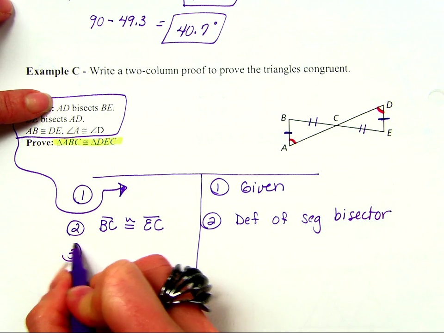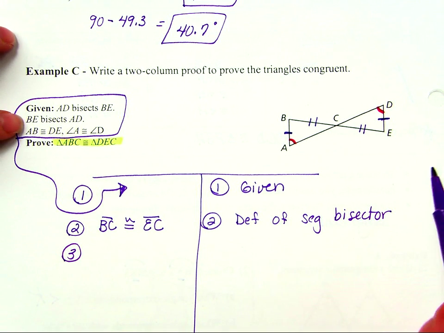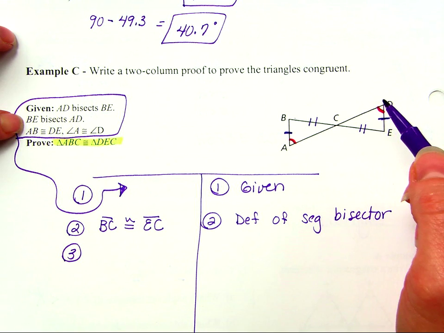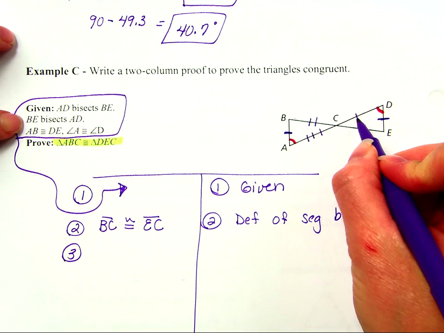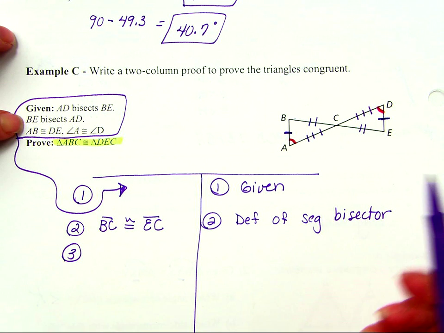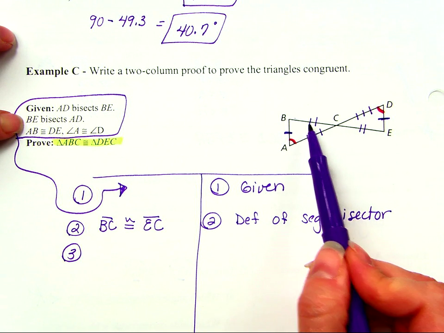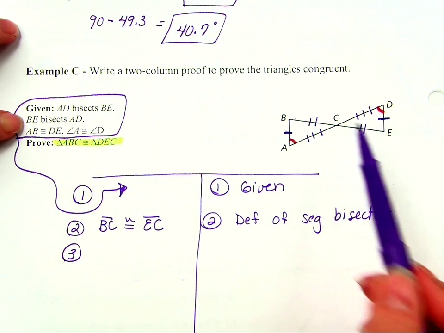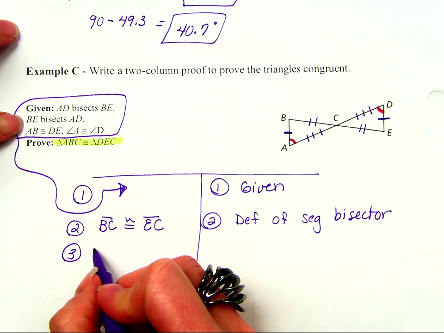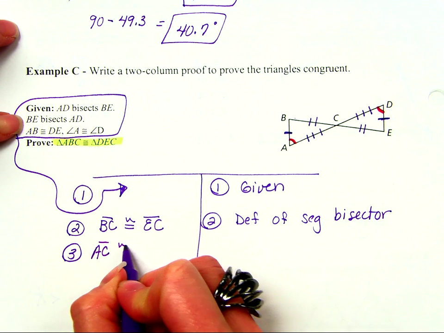In step number 3, it states that BE is bisecting segment AD. So both of those segments are being bisected. In this case, I'm going to mark it as so. I use 3 tick marks because it doesn't necessarily mean it's the same length as the others, but AC and CD are congruent, and that's exactly what I'm going to put in my step number 3.